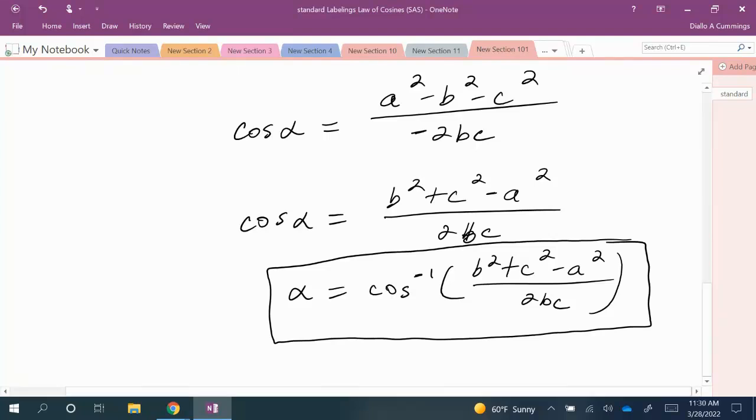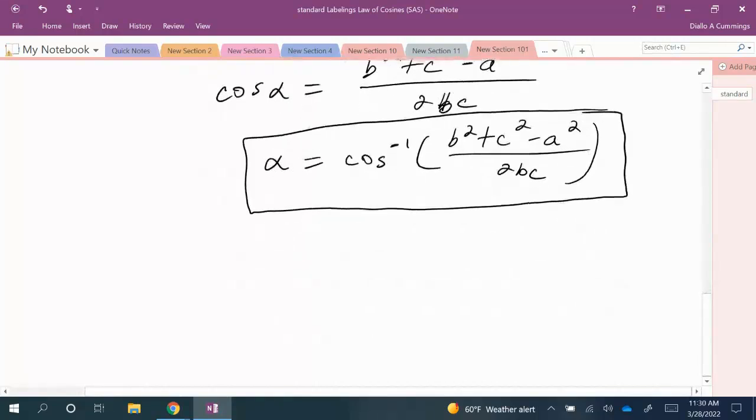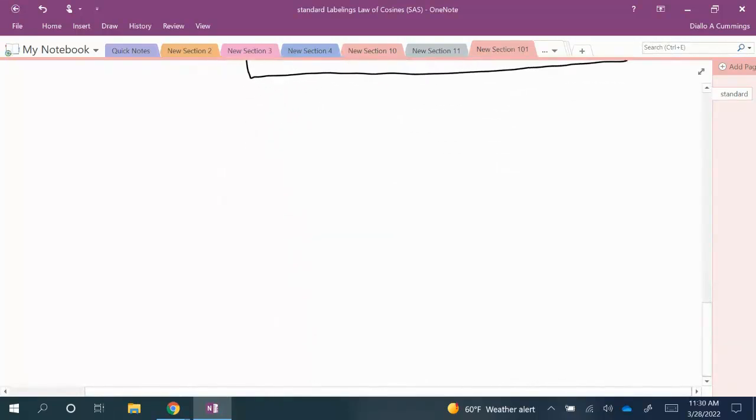I'm going to write all of the formulas out, so I'm going to go down a little bit. Here are all of the formulas in their glory. A is equal to the square root of B squared plus C squared minus 2BC times the cosine of alpha.